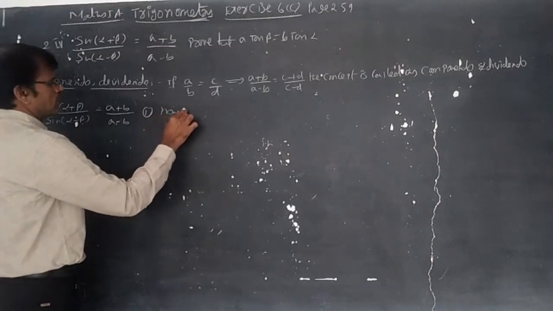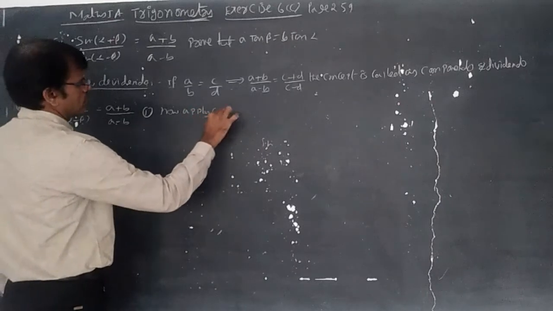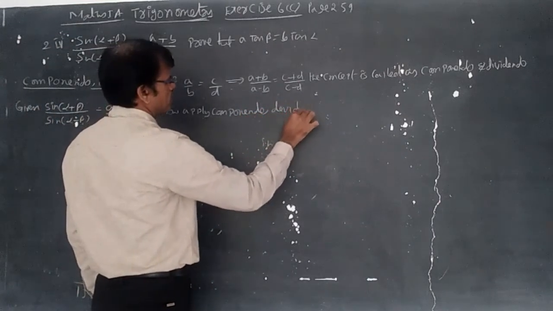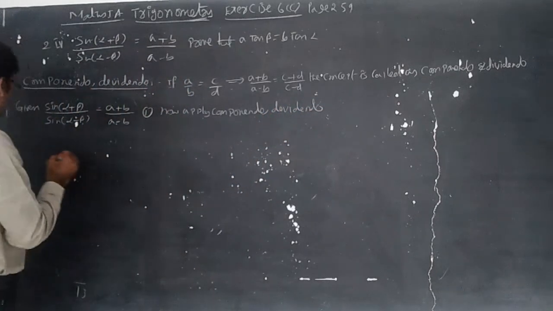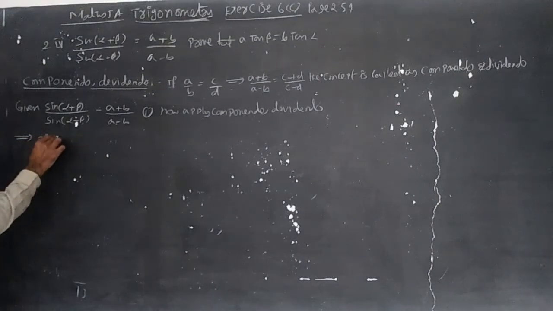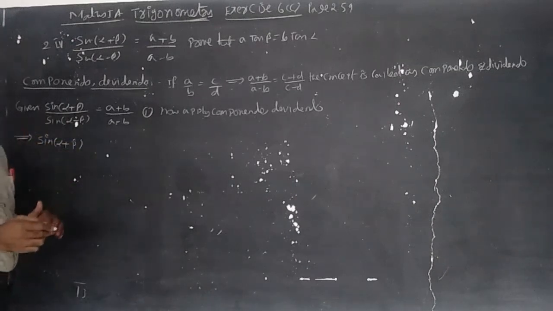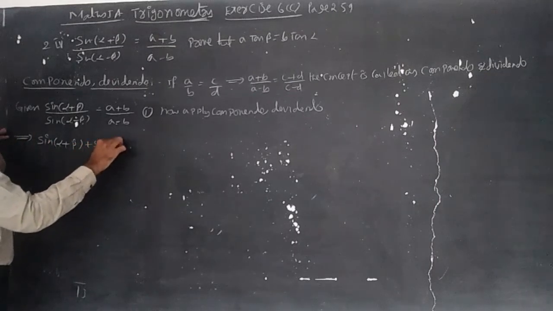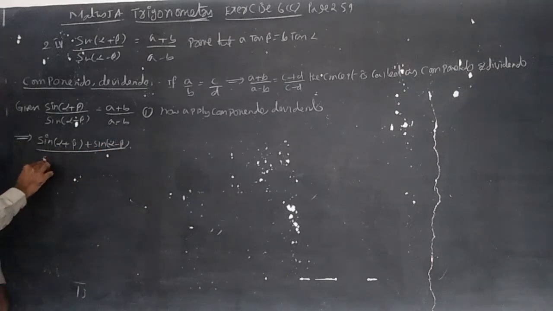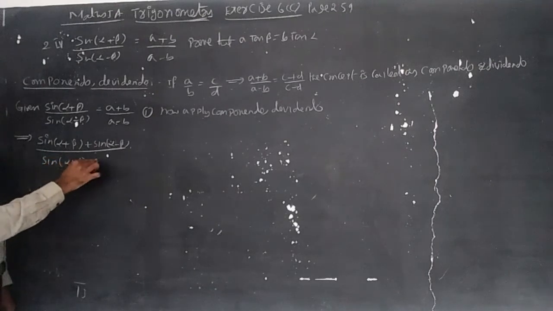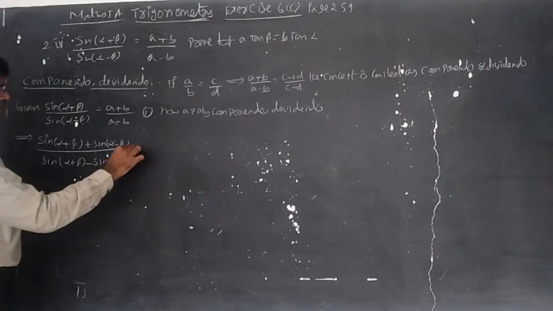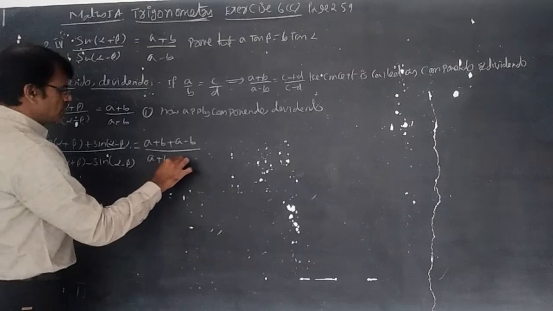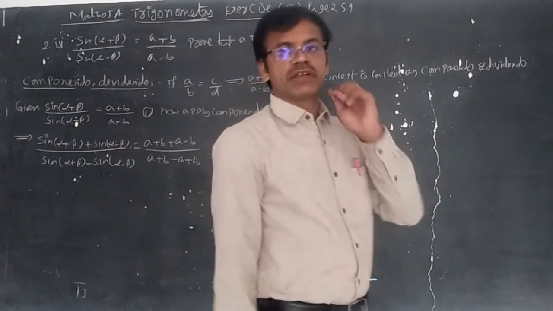Now apply componendo, dividendo. Taking the componendo concept for the left hand side and also the right hand side: sin of alpha plus beta plus sin of alpha minus beta, whole by sin of alpha plus beta minus sin of alpha minus beta, is equal to a plus b plus a minus b, whole by a plus b minus a plus b, because this is minus of a minus b within the bracket.